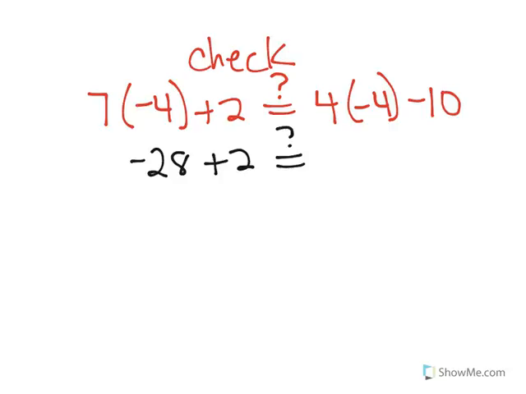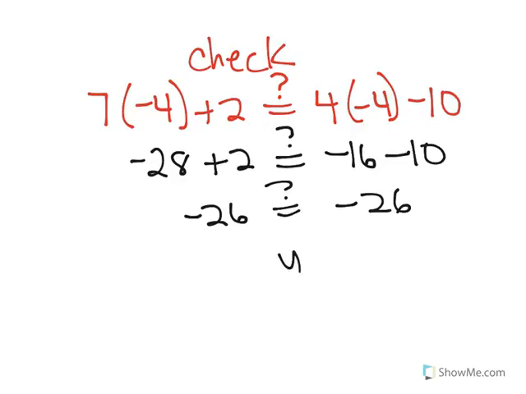Does that equal 4 times negative 4, which is a negative 16 minus 10? Does negative 26 equal negative 26? Yes, it does. And so our solution of negative 4 is correct.